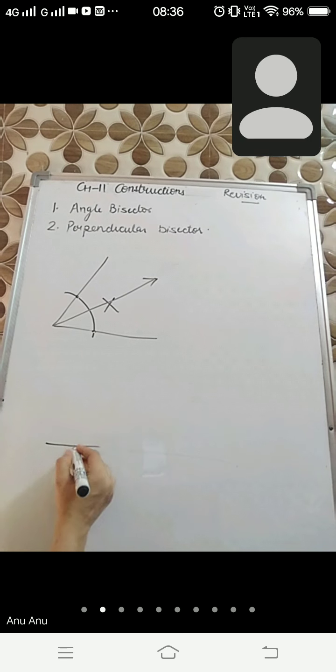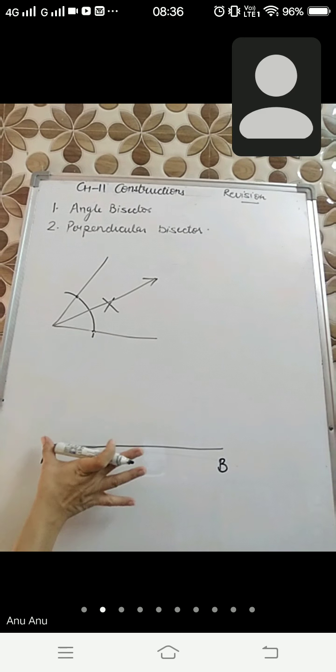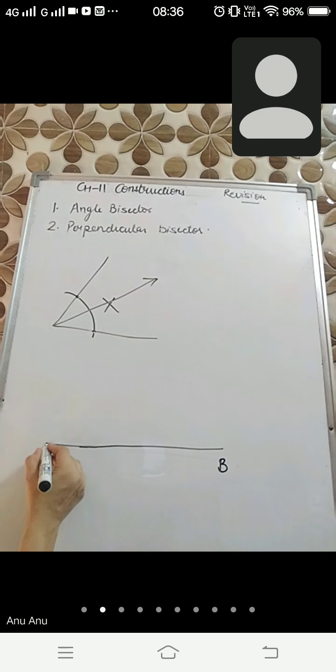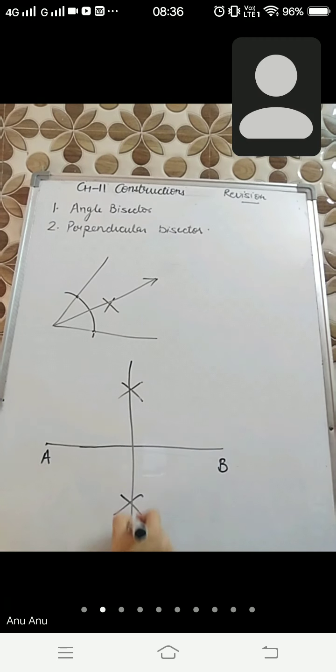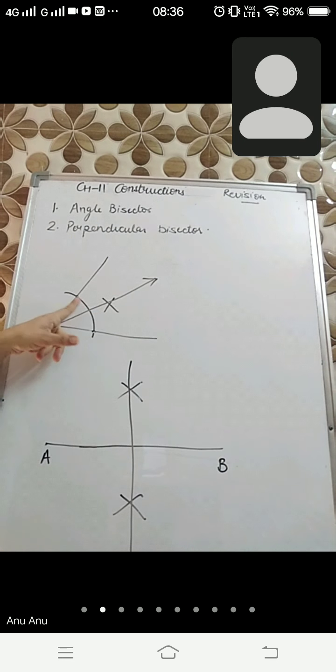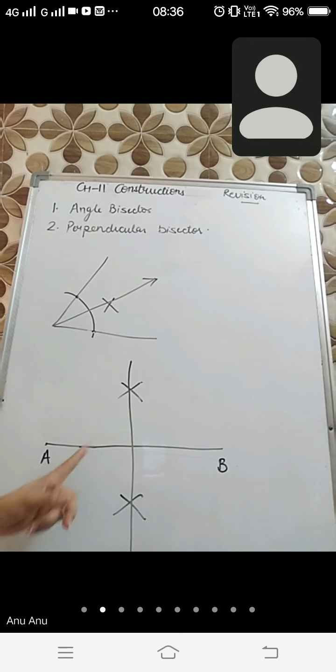If I have drawn a line, I have named it AB, and you take a radius equal to half of AB or more than half of AB, and you draw arcs from the two points on either side of the line, then this line is known as the perpendicular bisector. So the line which divides the angle into two equal parts is known as the angle bisector, and the line which divides the line into two equal parts is known as the perpendicular bisector.